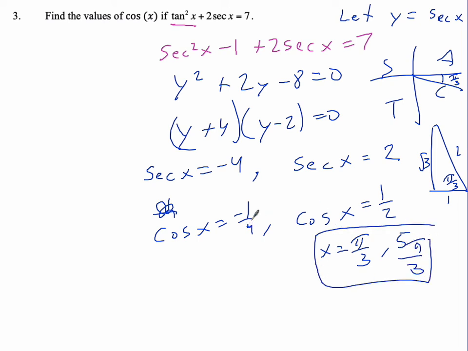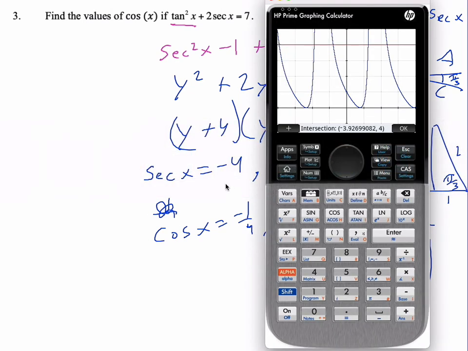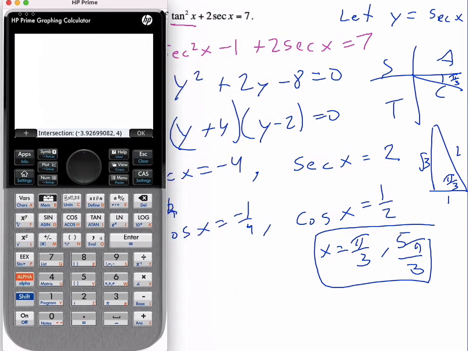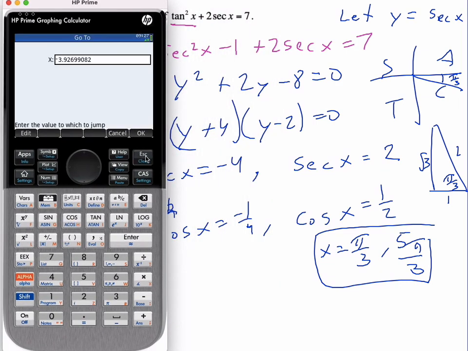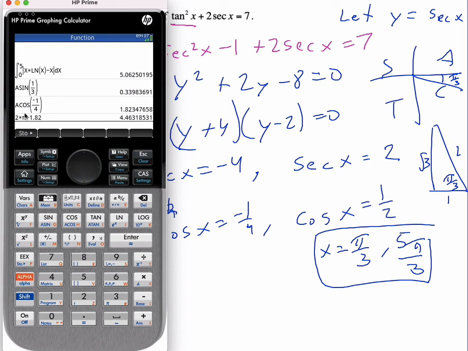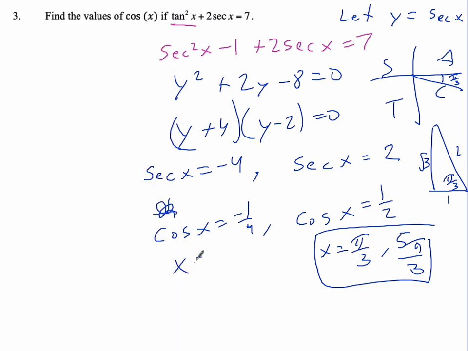The other one, you would have to use your calculator, and let's see, we would have to do arc cosine. Arc cosine -1/4, which is 1.82. Okay, so that's one answer.